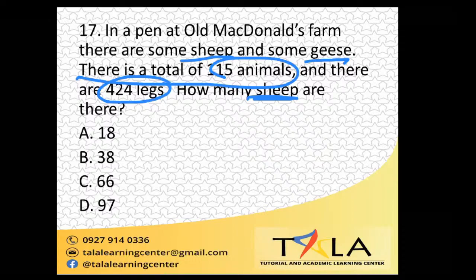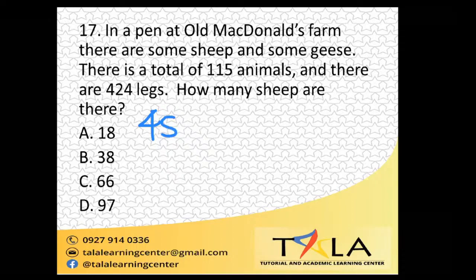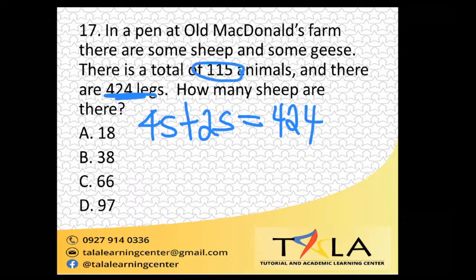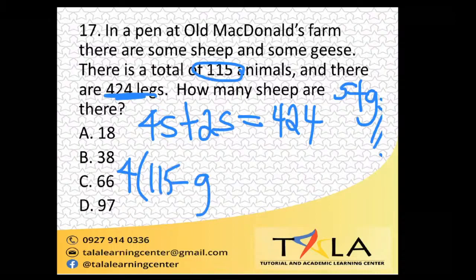So, we're going to solve it. Let's say na ang sheep, 4 ang legs ng sheep. Yung geese, 2 lang. And then, ang total number daw ng legs nun, 424. Okay? Tapos, ang total daw ng geese at ng sheep ay 115. So, ibig sabihin, yung S, pwede kong palitan ng 115 minus the number of geese, plus 2G equals 424.